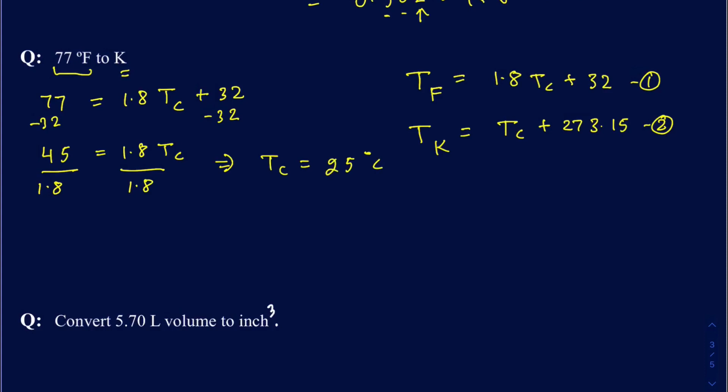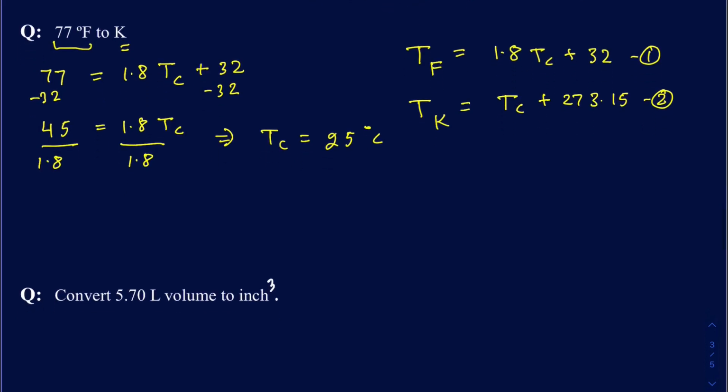Once you have the temperature in Celsius, you can use the second equation to find the temperature in the Kelvin scale. So let's plug that in. The temperature in Kelvin is going to be the temperature in Celsius, which is 25, plus 273.15.